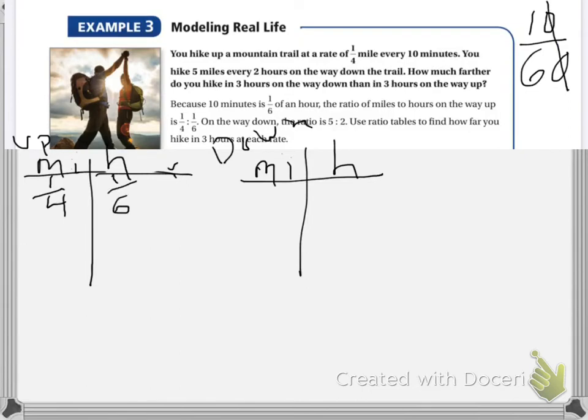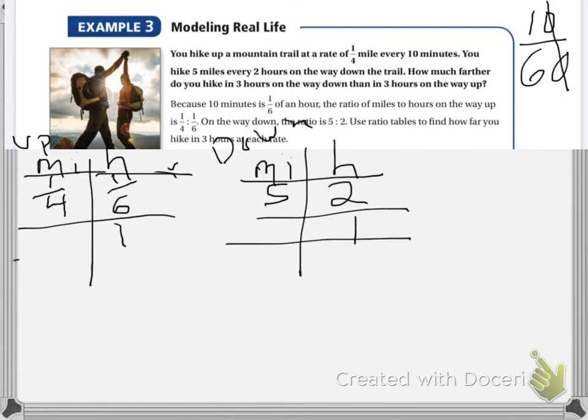And then on my way down, they tell me that we go 5 miles every 2 hours. For both of these, I'm going to take it to 1 hour, and then I'm going to take them both to 3 hours because they want us to compare at 3 hours.